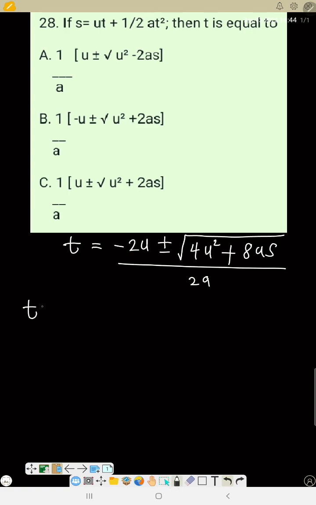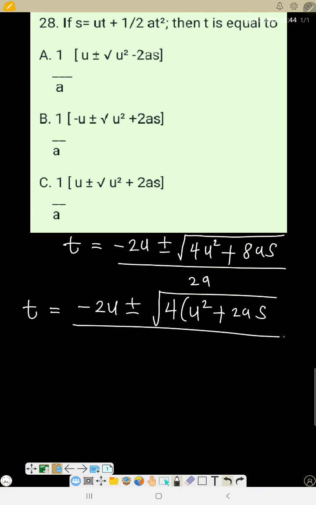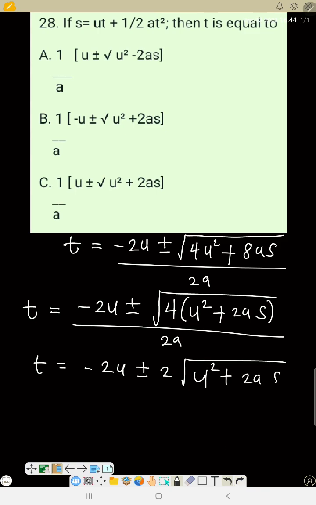So t is equal to minus 2u plus or minus square root of, 4 is common here, so it remains u squared plus 2as, everything divided by 2a. So now what is the square root of 4? 2. So this becomes minus 2u plus or minus 2 root u squared plus 2as, divided by 2a.